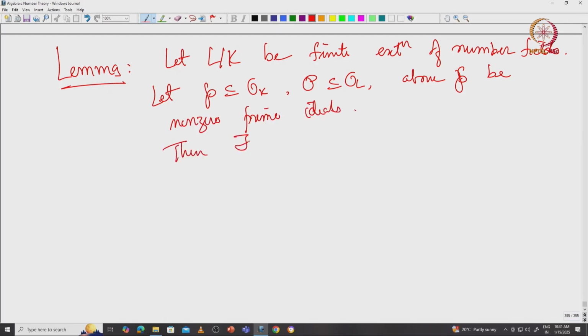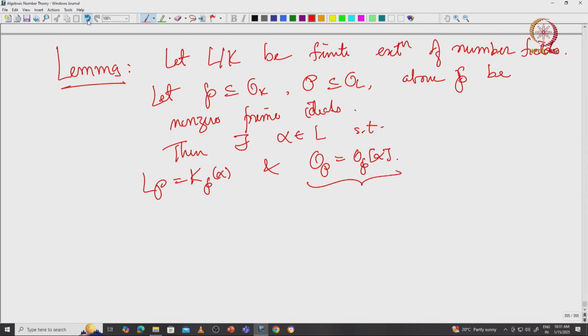Then there exists alpha in L such that, first of all, L_P is K_p(alpha), but moreover O_P is also equal to O_p[alpha]. It is the second thing that we are most interested in.